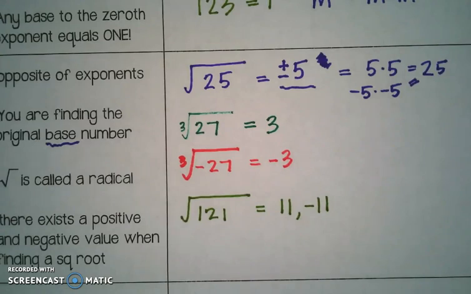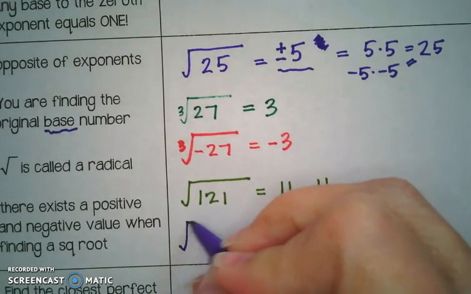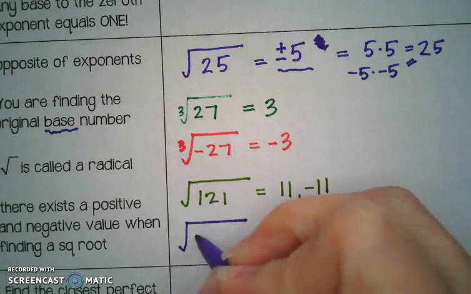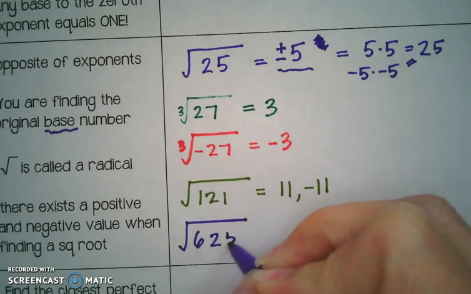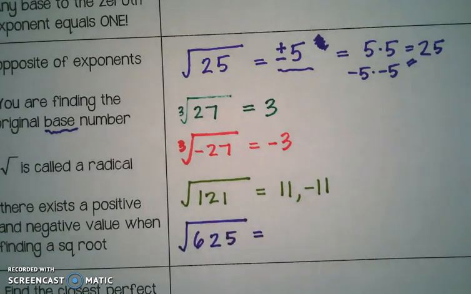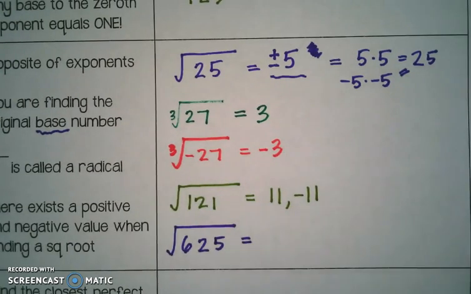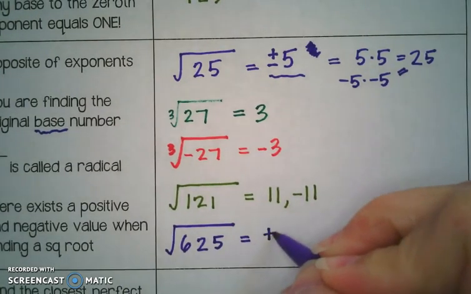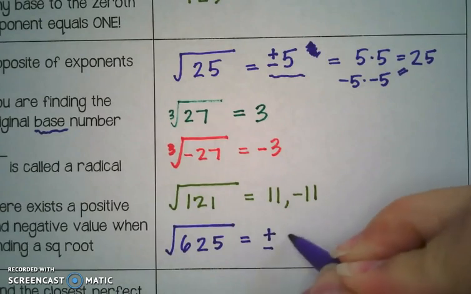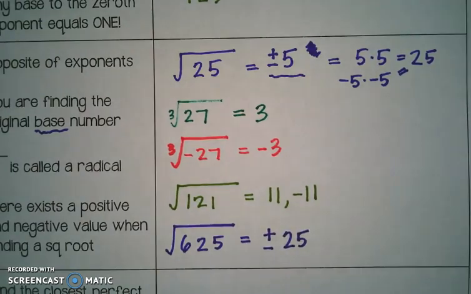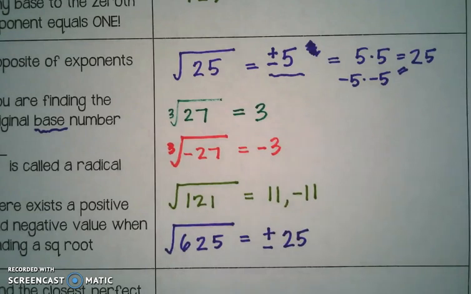All right, if we had the square root of, we'll say 625, you might need to think about this a little bit, but the square root of 625 is going to be positive or negative 25. So those were the ones that we did. We didn't do any that were fourth root or fifth root. We only did square roots, which is the basic one, and then a few cube roots.